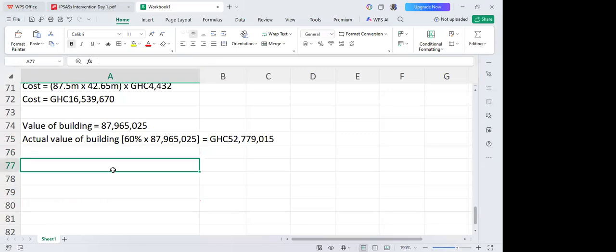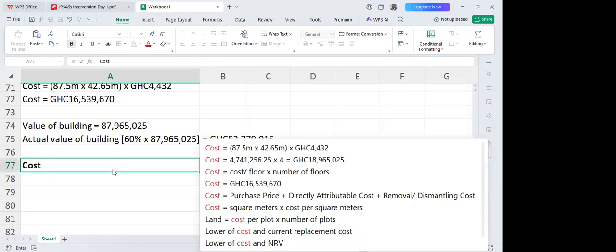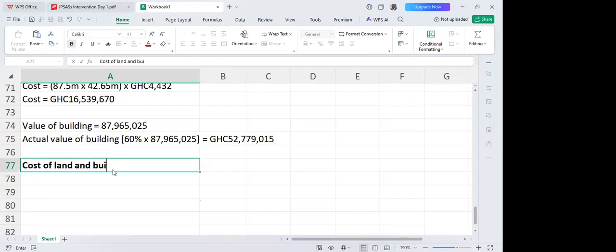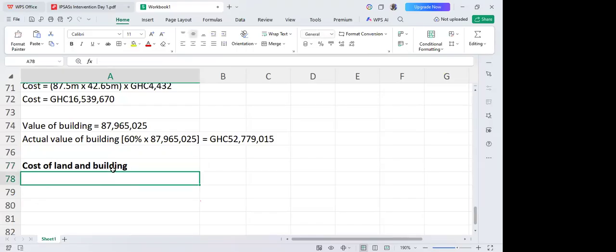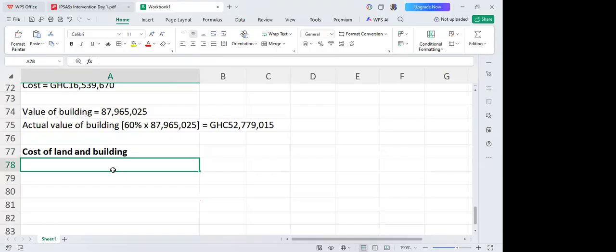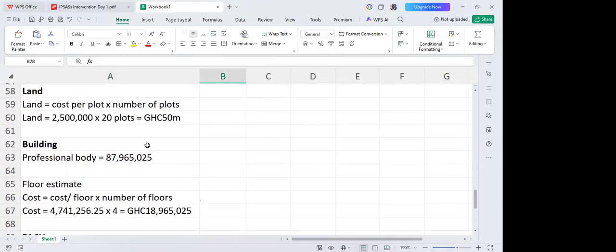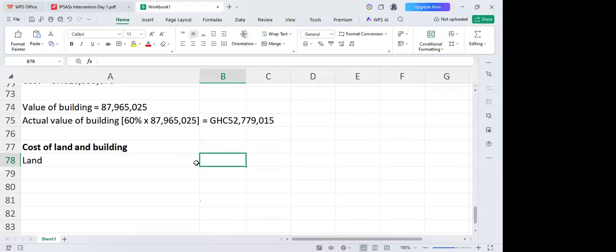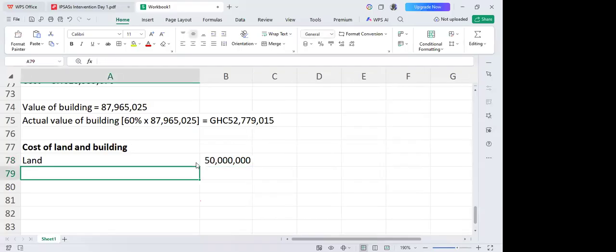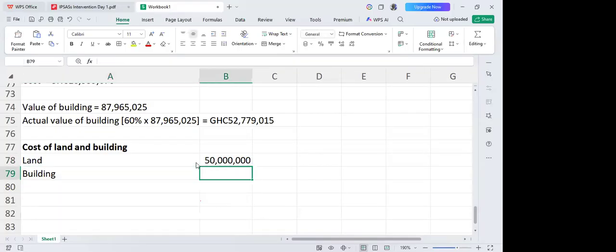Then let's amalgamate the cost of land and building together. We're having a fence wall, so I'll add a fence wall here. The land was the one we got at first, 50 million, so we bring that here. We have estimated the building to be 52,779,015.